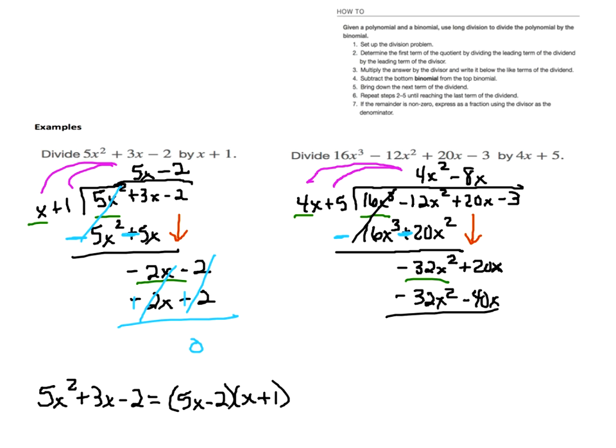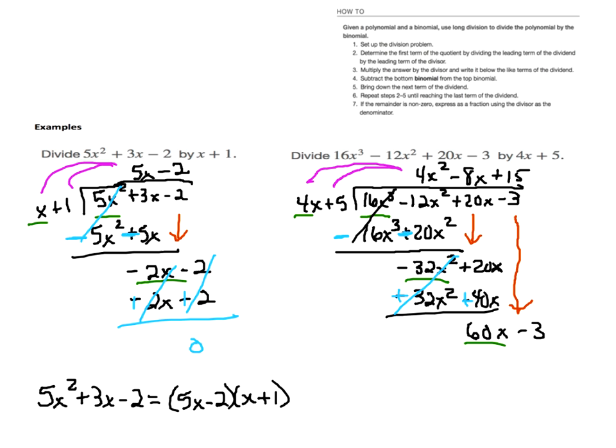Change my signs. And combine down. 20x and 40x make 60x. And I am ready to bring down 60x minus 3. Once again, for the last time, first terms: what do I need to multiply 4x by to make 60x?